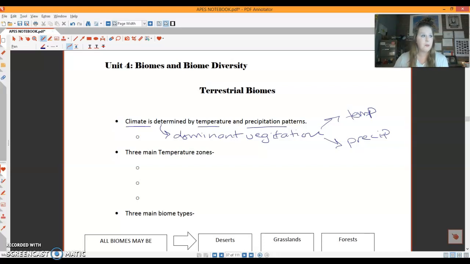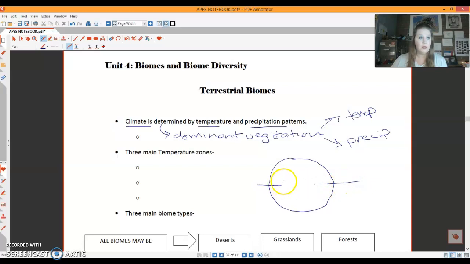Okay. All right. So we have three main global temperature zones or areas. Okay. So the first thing I want to do is to draw a circle. Okay. That's the Earth. Remember, the equator goes right down the middle.